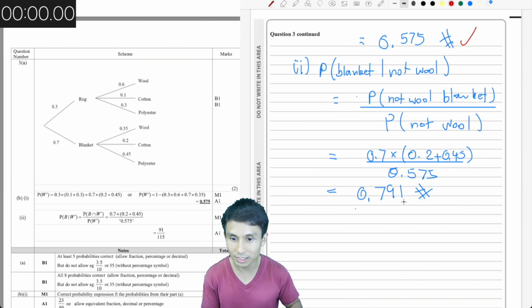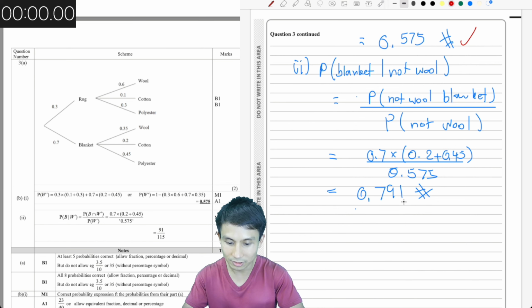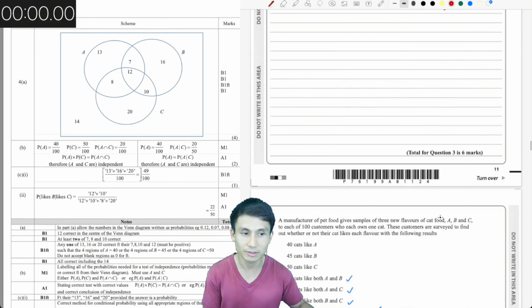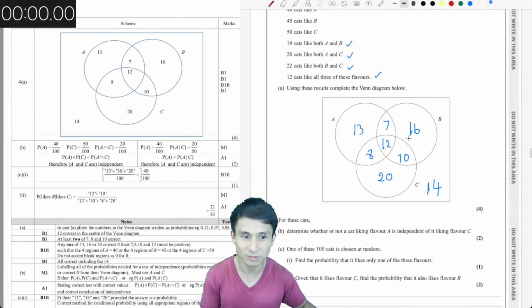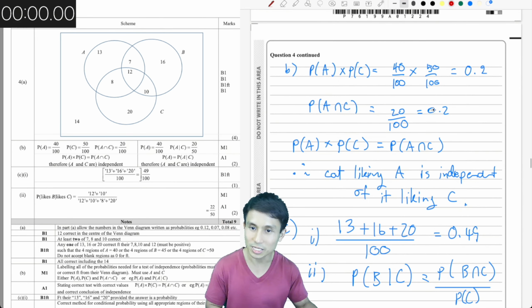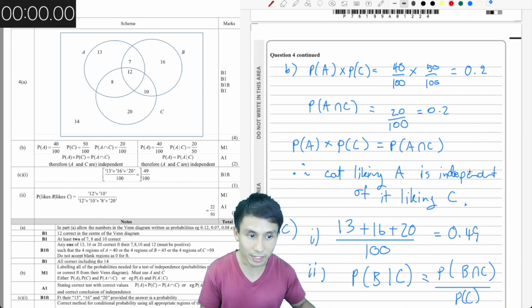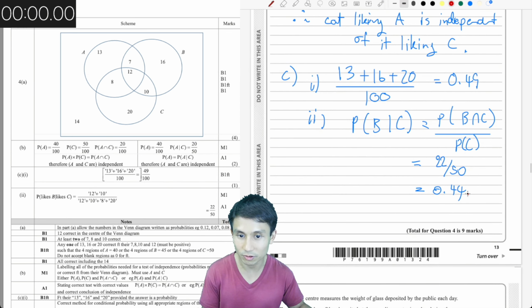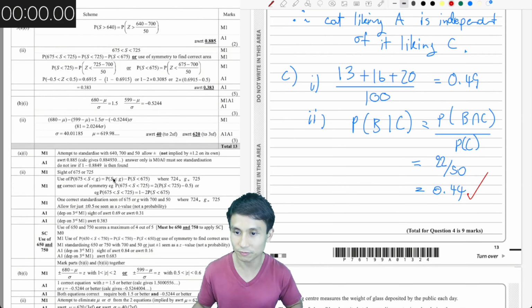This should be right, I guess. Is that 91 over 115? Yeah, about right. That's fine. I mean, they sometimes do fractions, sometimes decimals, so maybe put both of them. Yeah, these are all fine. B, yeah, independent because they are equal, 0.2, and this is 0.44 or 22 over 50.